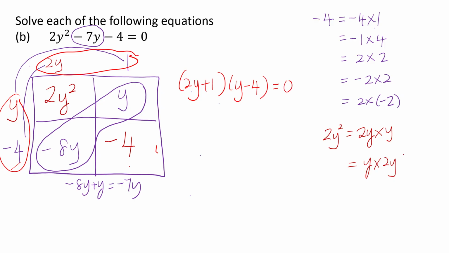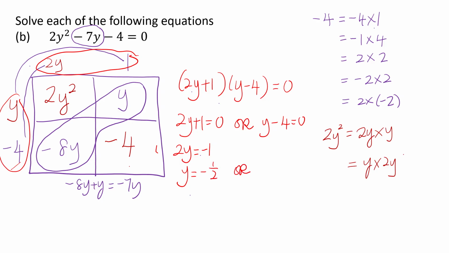So we use the AB 0 property. So it can be 2y plus 1 equals to 0, or y minus 4 equals to 0. So that will give us 2y equals to negative 1, y equals to negative half, or y equals to 4. Okay, and this is how we do it.